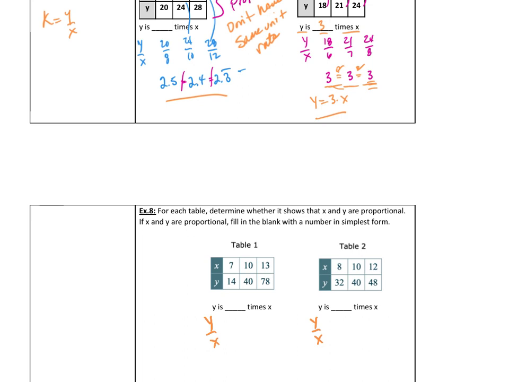If they don't have the same unit rate, they're not. Okay, so calculate that. Go ahead, hit pause, do that. Once you're done with that, you determine, remember, if they are proportional, that unit rate goes right here. Go ahead and set it up, simplify, and determine if it's proportional or not. Hit pause, do it, and then we'll see what you got.